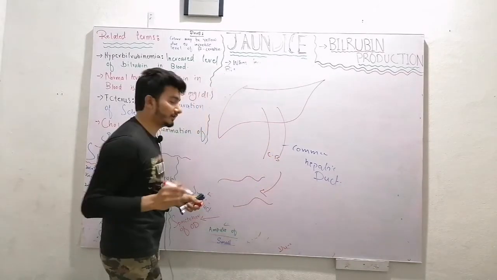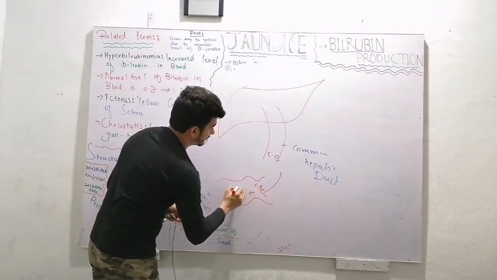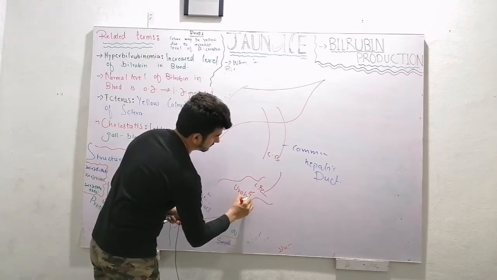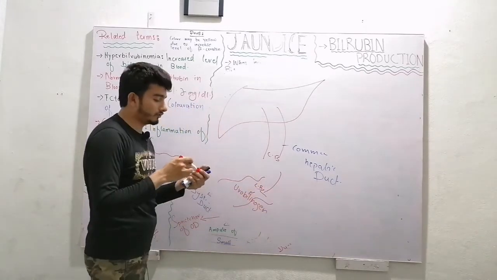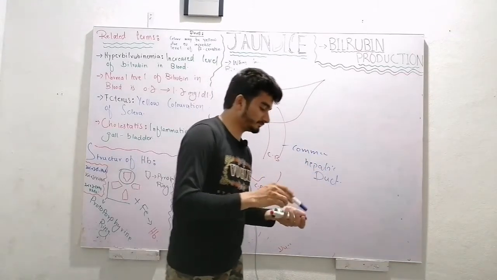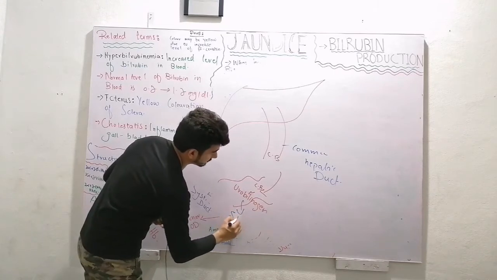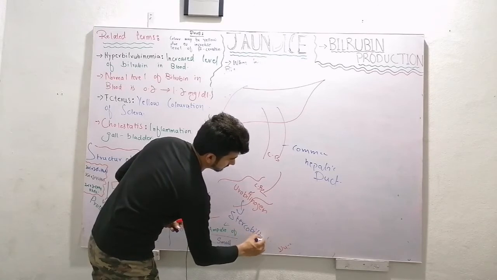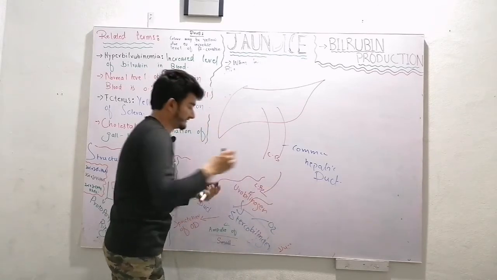But in the small intestine, the conjugated bilirubin will convert to urobilinogen. Later on, in the large intestine, the urobilinogen will convert to stercobilinogen, and it happens in the presence of oxygen.